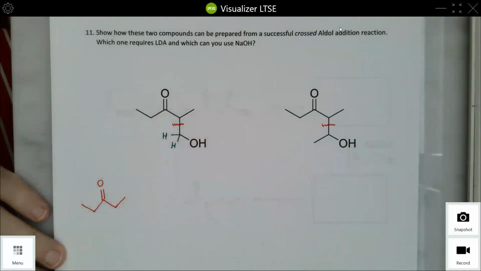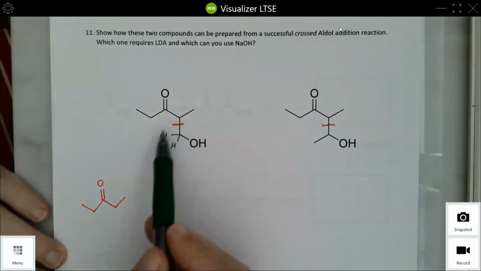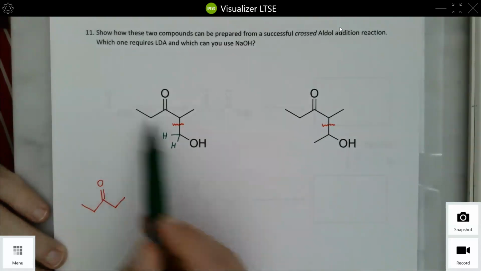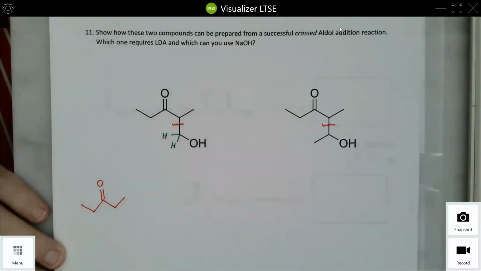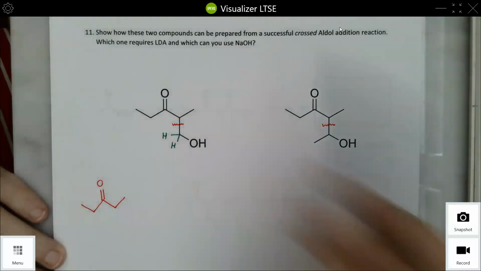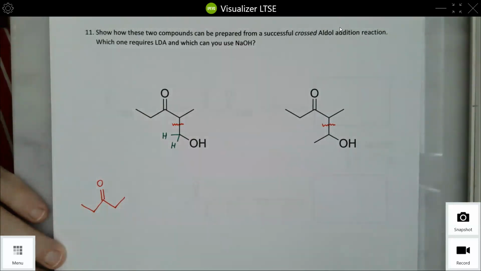We call that formaldehyde. Because formaldehyde doesn't have any alpha carbons, which can form an enolate, we don't have to worry about that reacting as the enolate. And it's very electrophilic, so it's going to be the best partner for any other aldehyde or ketone. So we can just use sodium hydroxide in that case, right?